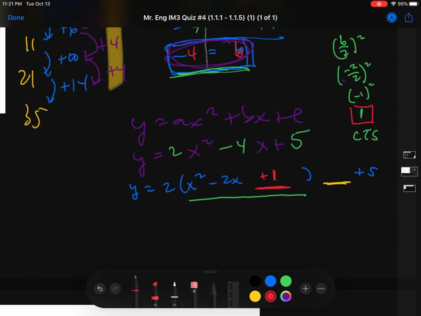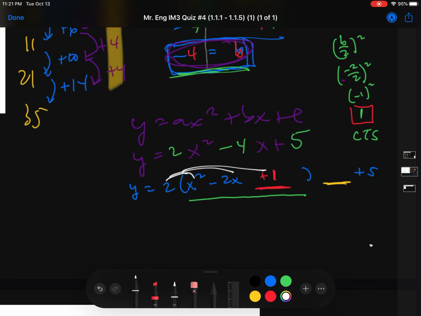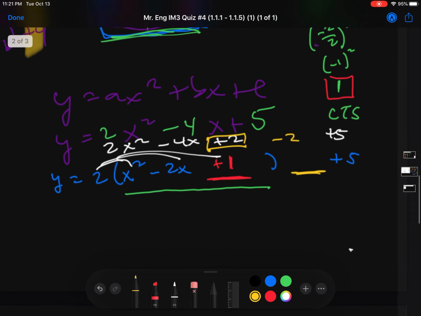Okay, in order to complete the square, let me show you this in-between step. If we had distributed each of these terms, you would get 2x squared minus 4x plus 2. But you've changed the equation because you have that plus 5 over here, right? So to make the equation balanced, I take this value and write negative 2, because 2 minus 2 equals 0.